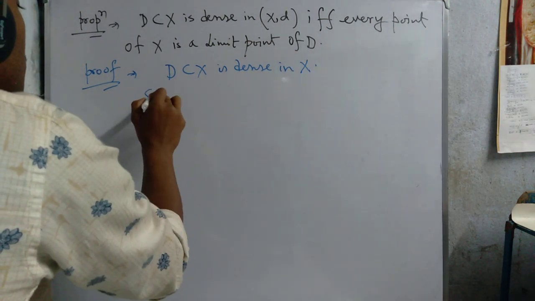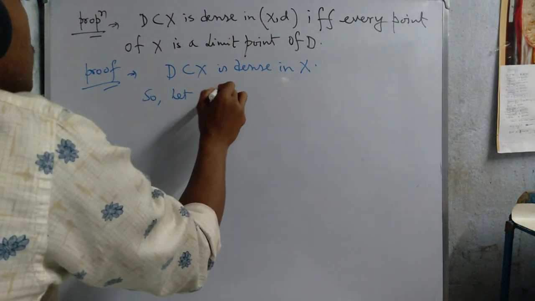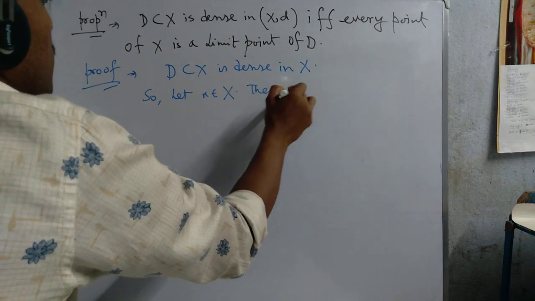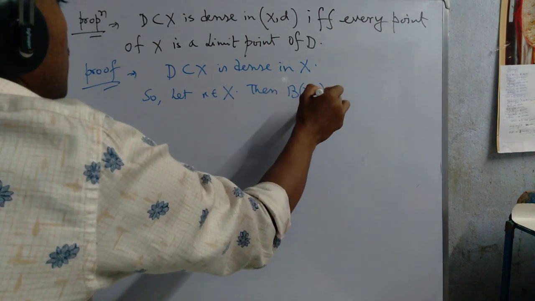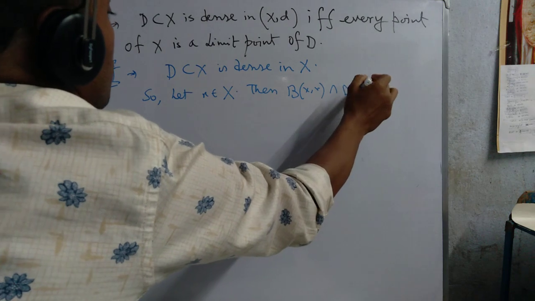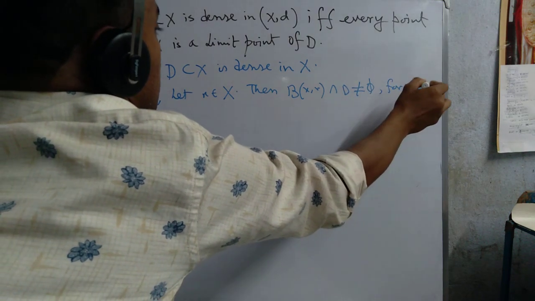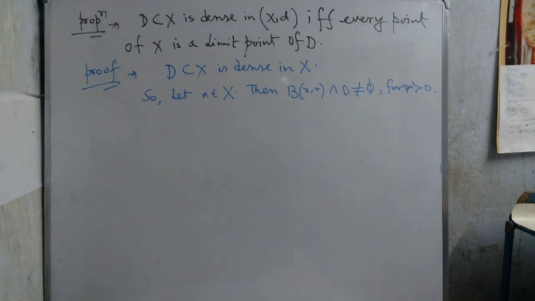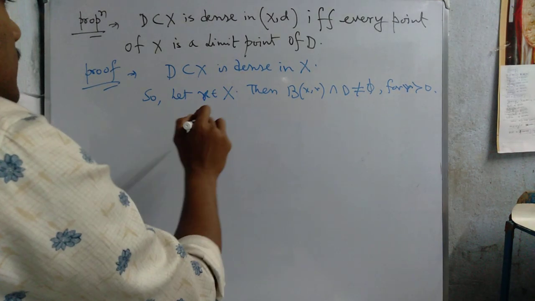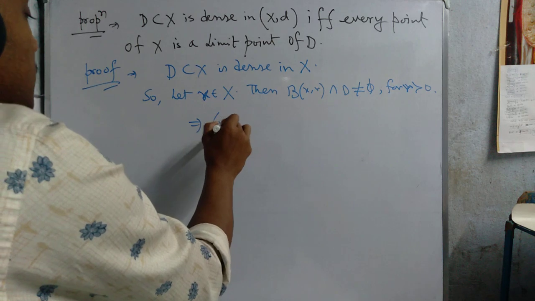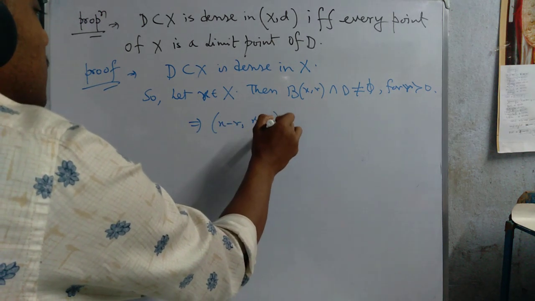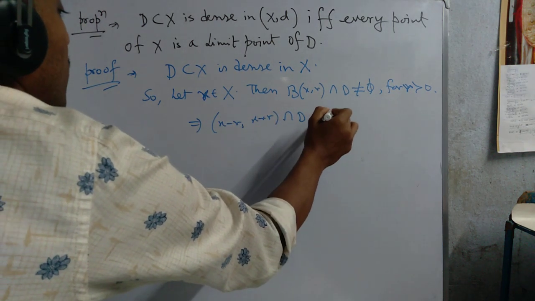So let x belong to X, then we can find B(x, r) intersection D not equal to empty set for r greater than 0. This implies (x − r, x + r) intersection D not equal to empty set.